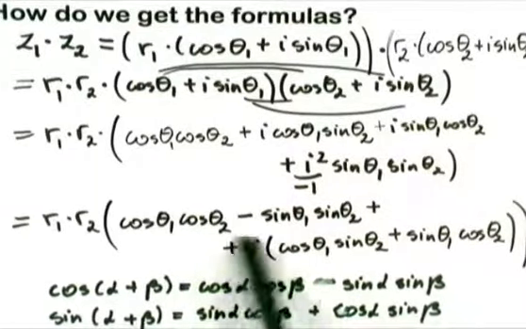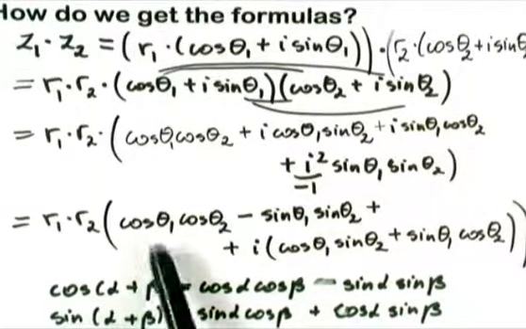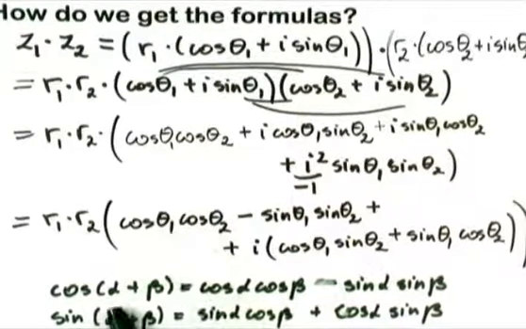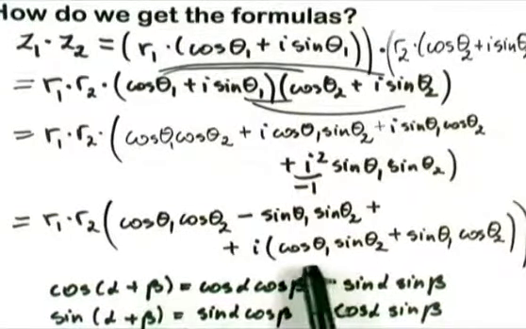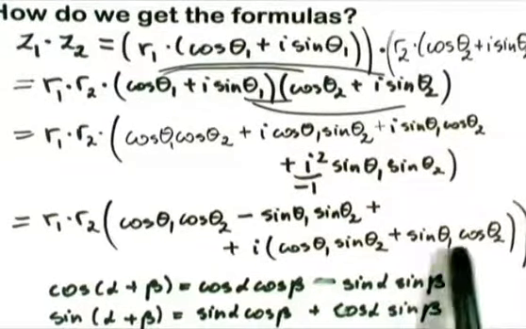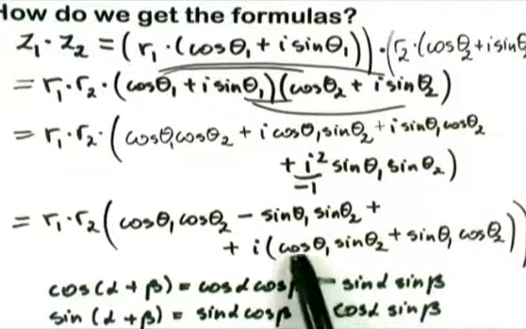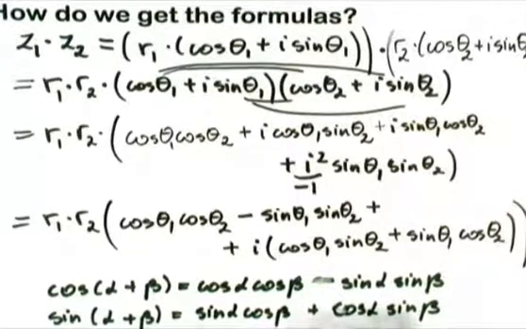So the first part is cos of those two angles added, theta 1 plus theta 2. And the other two terms are my second formula, because we have cos, sine, and sine, cos. So the second formula gives sine (theta 1 plus theta 2).